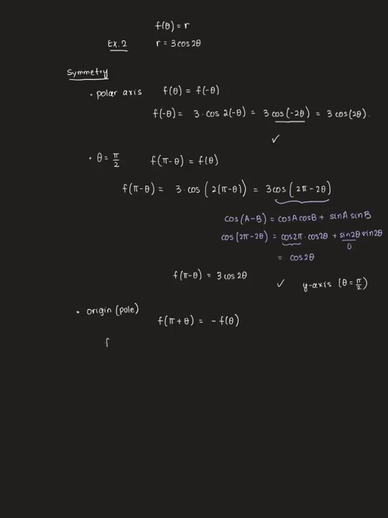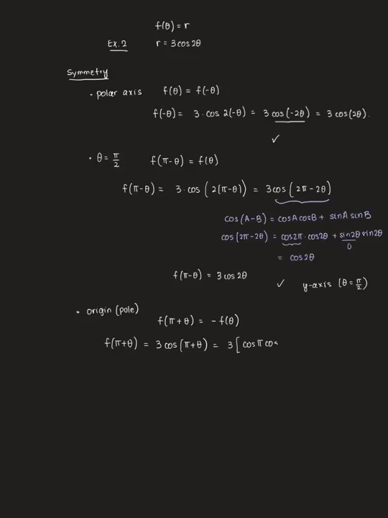So f of pi plus theta is going to be 3 cosine pi plus theta. And I'm going to apply that identity again just to be sure that I know what I'm doing here.